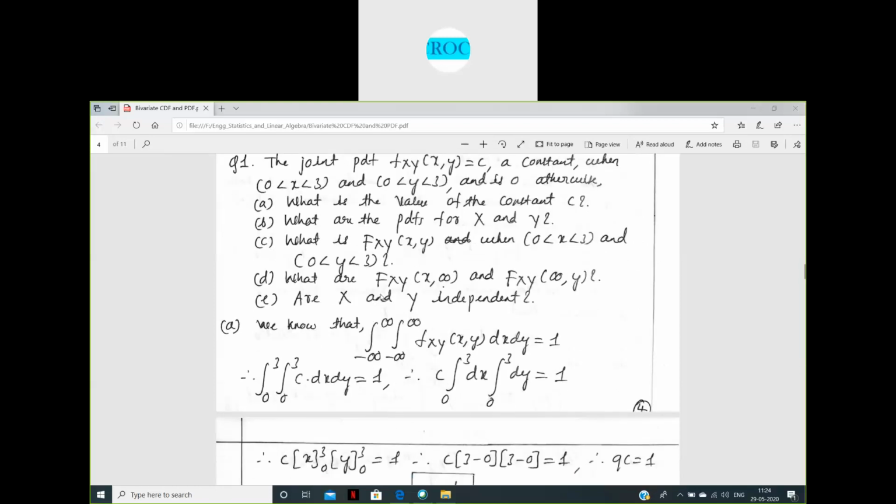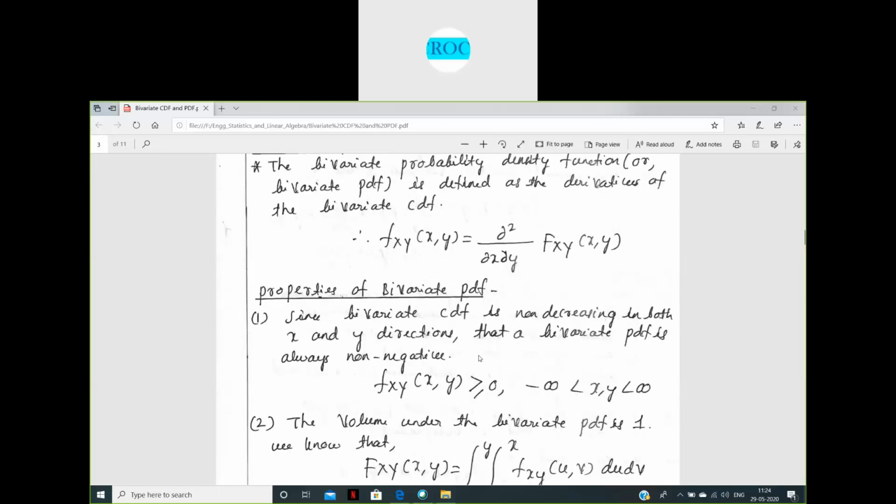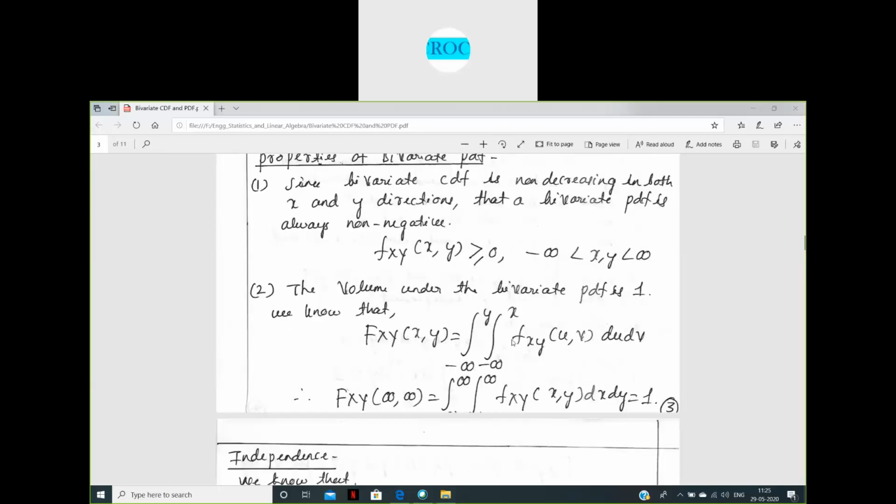D, what are F_XY(x, infinity) and F_XY(infinity, y)? We derived this for the third property we studied for CDF: F_XY(infinity, y) is equal to F_Y(y), and similarly F_XY(x, infinity) is equal to F_X(x).